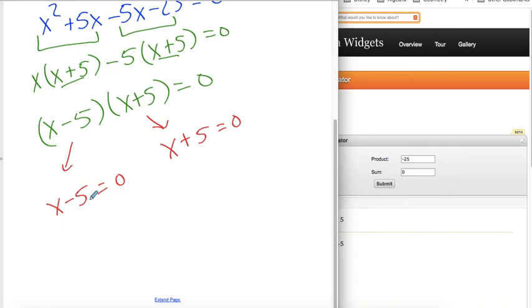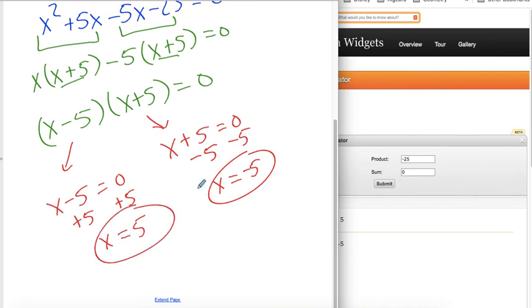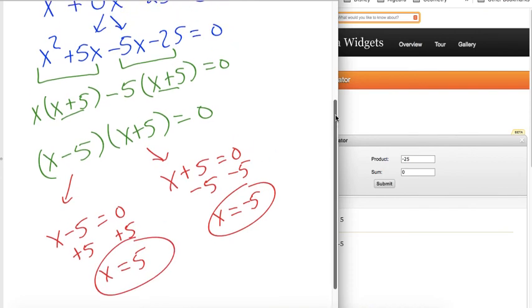So on the left here, solving for x, we're going to add 5 to get the x alone. It's going to leave me with x equals 5. With the equation on the right, I'm going to subtract 5 from each side, which will leave me with x is negative 5. So the solutions are negative 5 and positive 5.